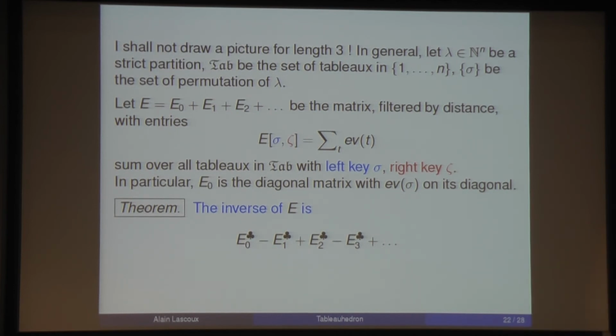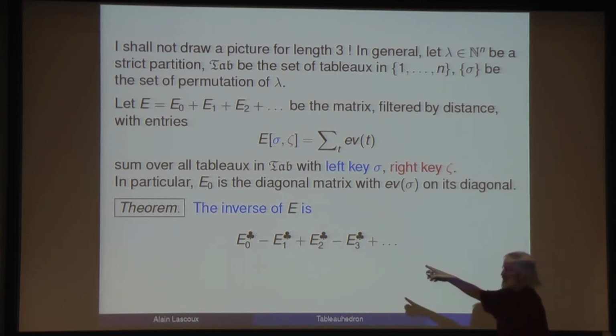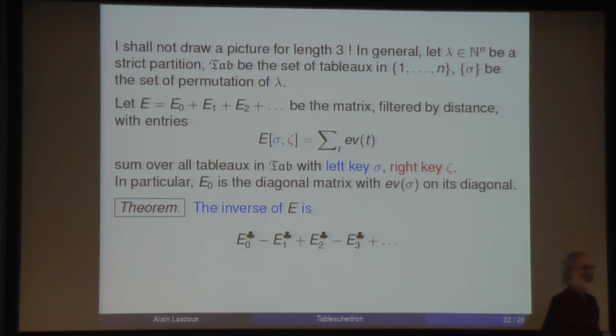So the statement is now that I have the same type of property as for the Bruhat order, but now with these sets of tableaux. Except that the E0 is no more the identity matrix. This is where I need this involution, which is passing to the inverse variable.